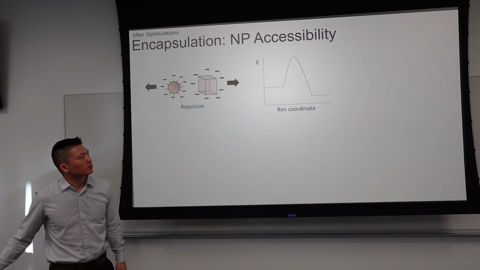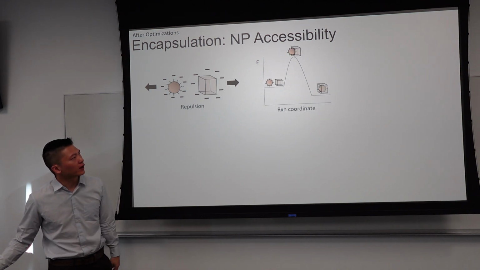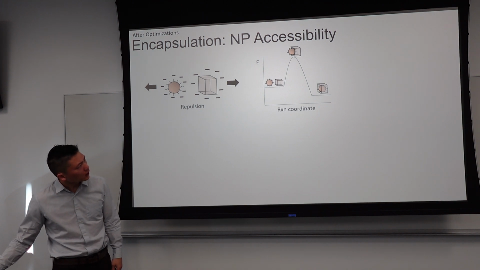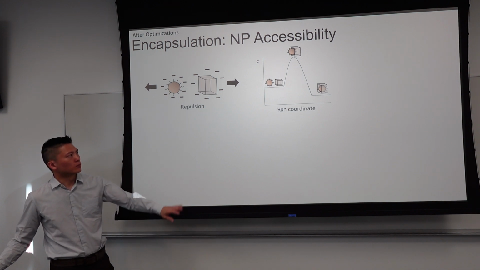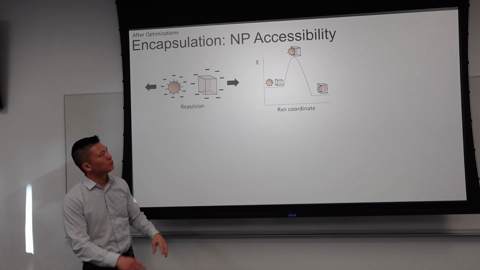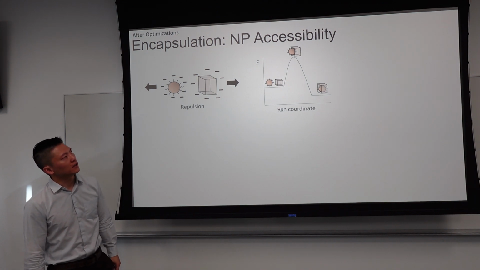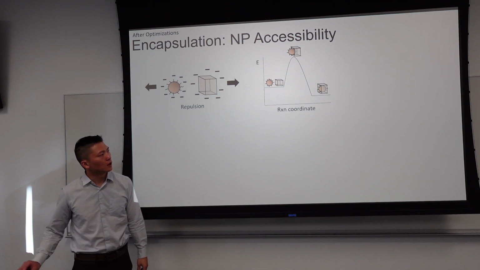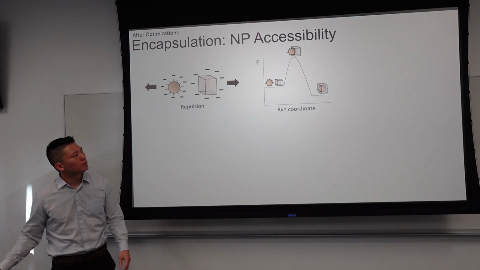So if I plot some energy profile diagram here, we could see it looking something like this, where some transition state would be some high energy state here, and then upon encapsulation, reaching some minimum.